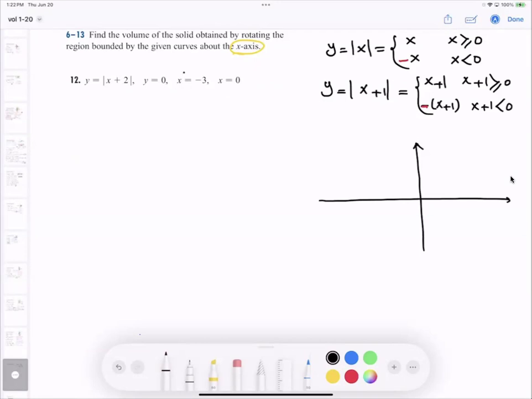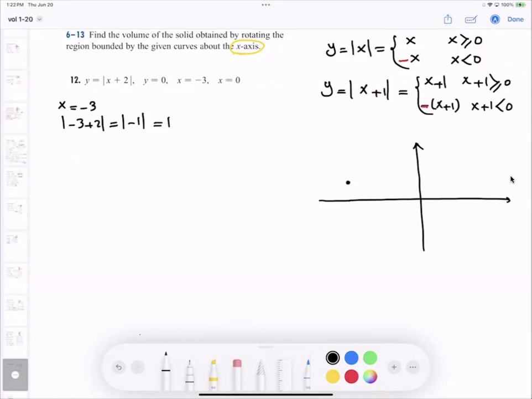So when x is -3, I get the absolute value of -3 plus 2. I wrote down the final answer instead. -3 plus 2 is the absolute value of -1, which is 1. So when x is -3, my y value is 1, right?